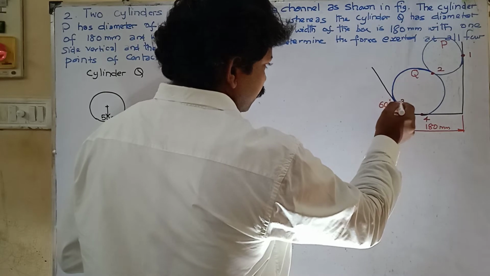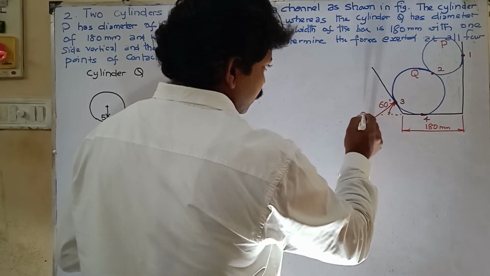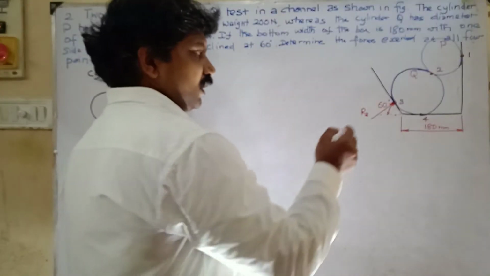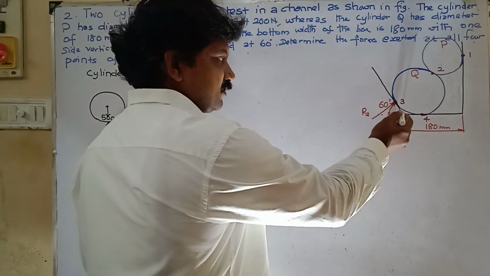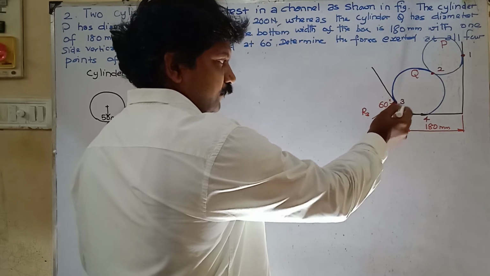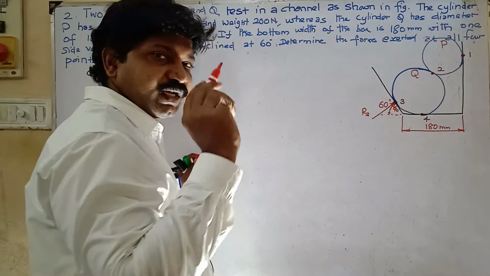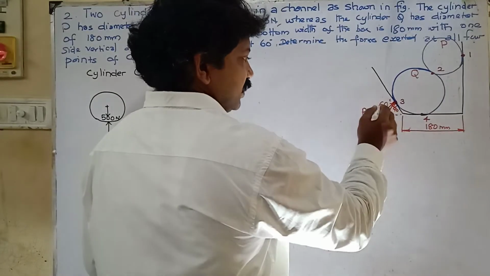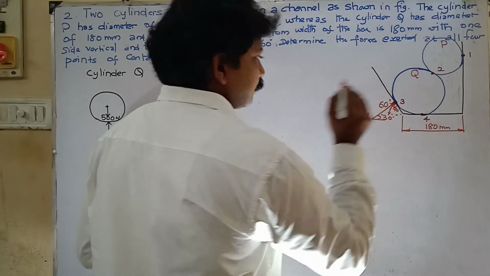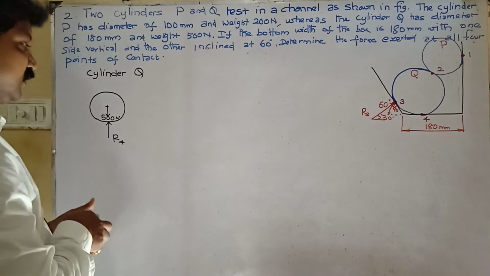So the reaction perpendicular to this plane is R3. The inclined plane makes 60 degrees with the horizontal. This one is 90 degrees. So the remaining angle inside the right angle triangle, total 180: 90 plus 60 is 150, remaining 30. So R3 makes 30 degrees with the horizontal.